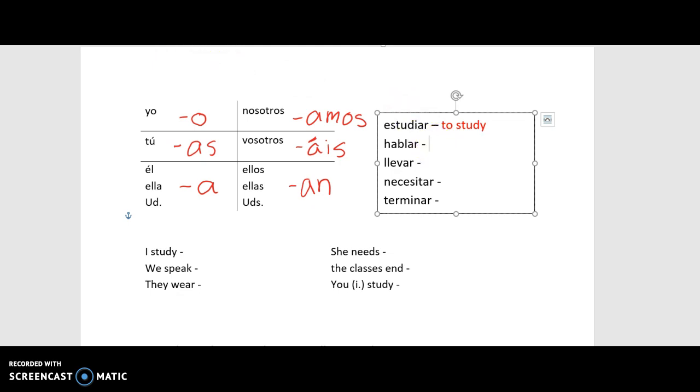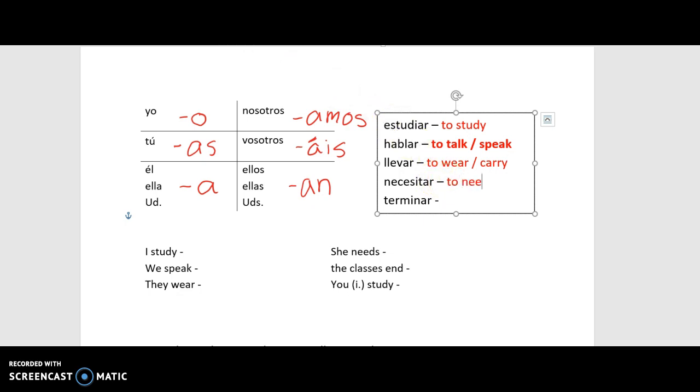Hablar, to talk or speak. All right? Llevar, remember it? To wear. It can also mean to carry. So you can llevar una camisa, wear a shirt, but you can also llevar una mochila, wear a backpack.